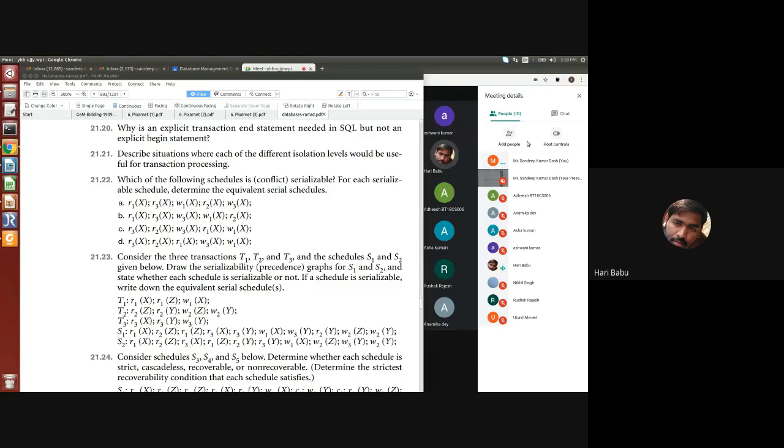Third one is also serializable. First one you told non-serializable, third one serializable but you are not sure, second one serializable. Okay.